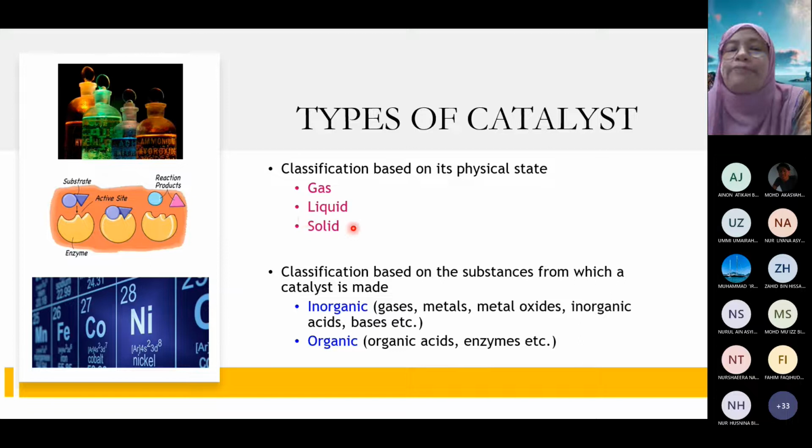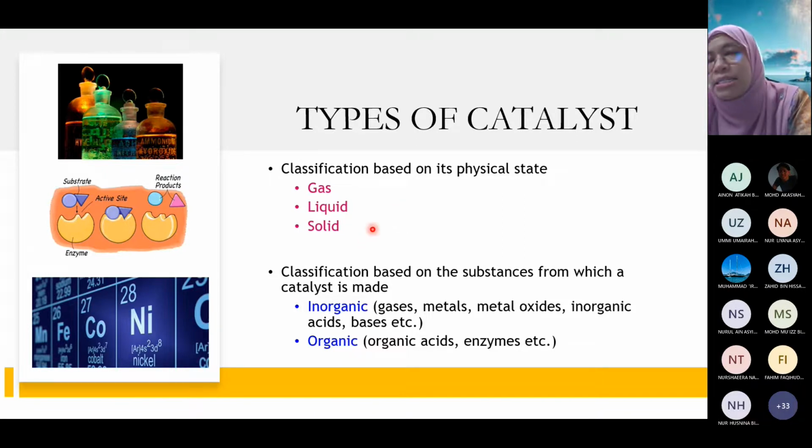And for some of the solid catalysts, before the reaction occurs, the catalyst is in the form of solid, and then this solid catalyst reacts with liquid reactant. And at the same time, the solid catalyst can be dissolved in the liquid phase.